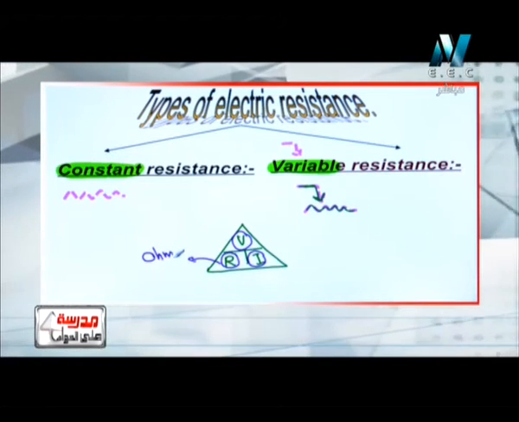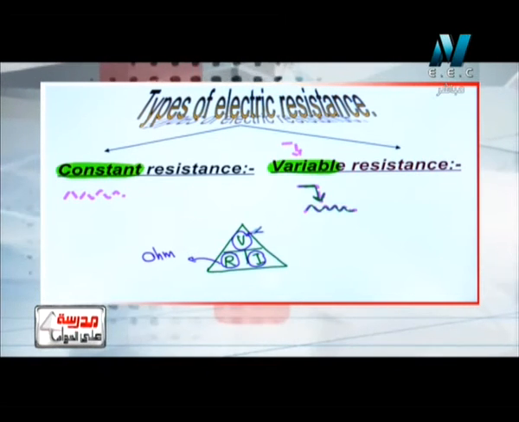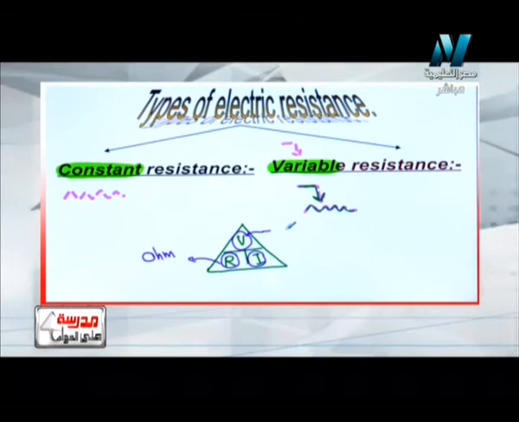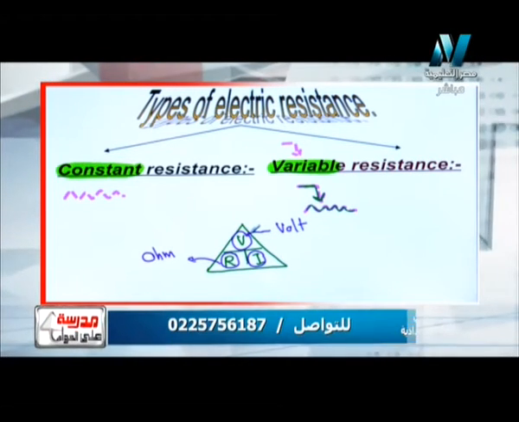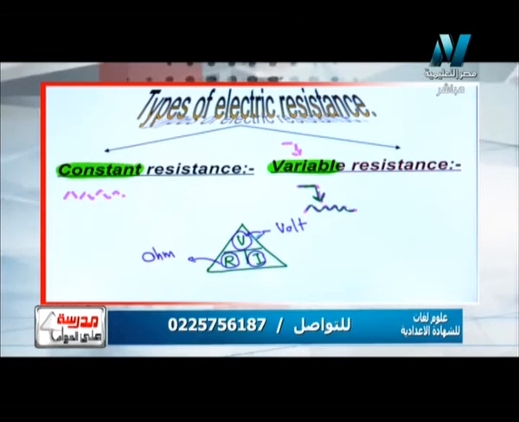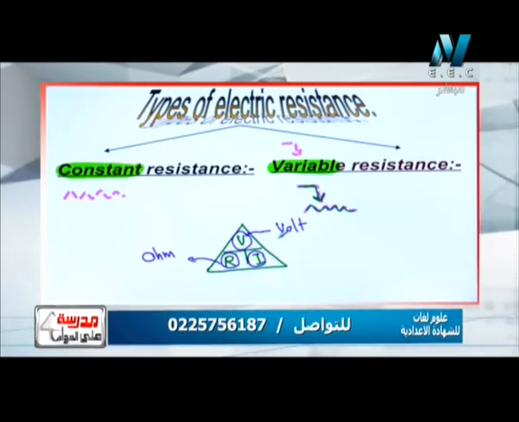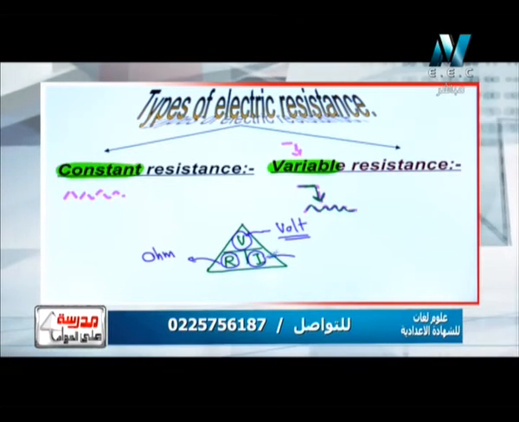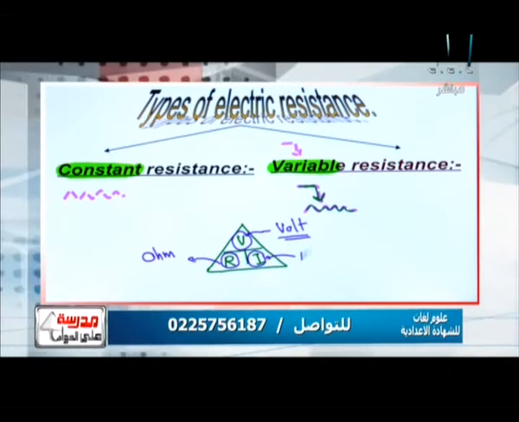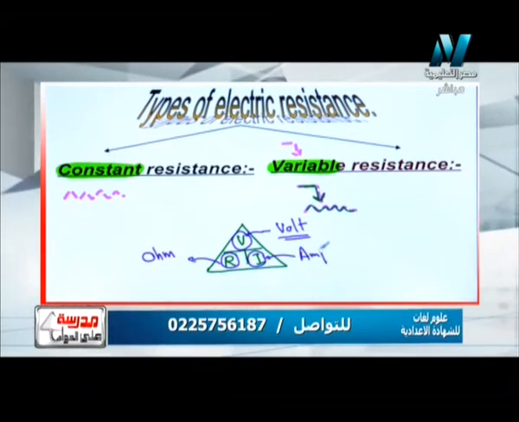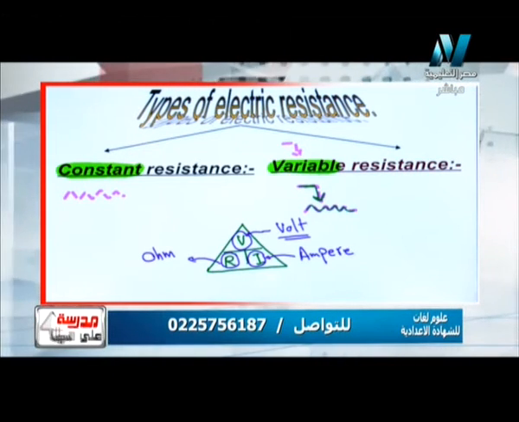V is the potential difference and its measuring unit is volt. Be careful, because some people think that V is volt. No, the quantity V is potential difference, but its measuring unit is volt. I is the electric current intensity and its measuring unit is ampere.